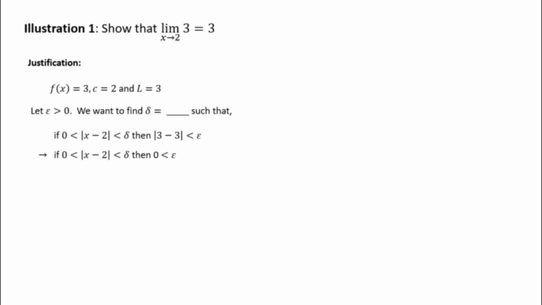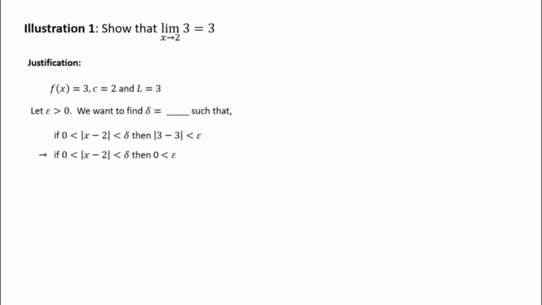Now, are you sensing something? This conditional statement wants to find delta so that this part is met. But epsilon is positive, and so this thing is always true no matter the value delta can take.